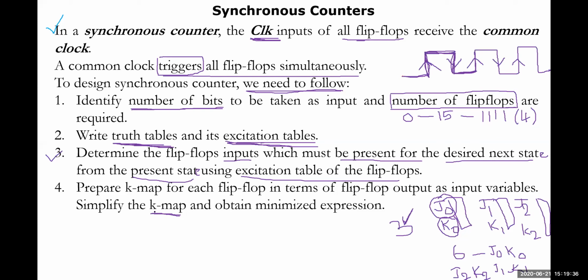For JK flip-flops, 2 inputs are there, so 3 into 2, totally 6 K-maps must be drawn by you. From the K-maps, you obtain the values of J0 and K0 for the first flip-flop, J1 and K1 for the second flip-flop, and J2 and K2 for the third flip-flop.